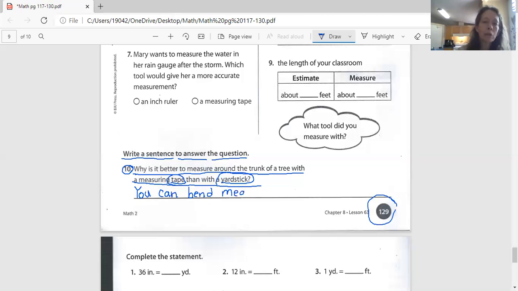That's a big word. And we got a period at the end. Okay, please write this sentence down for me.